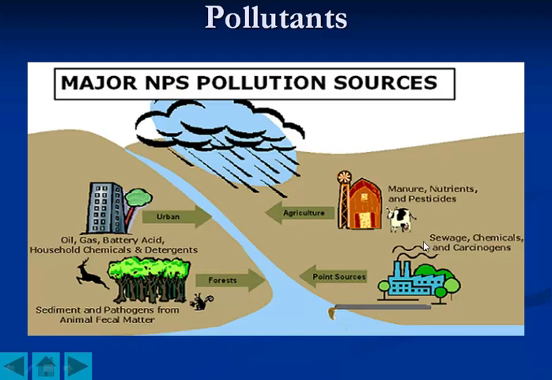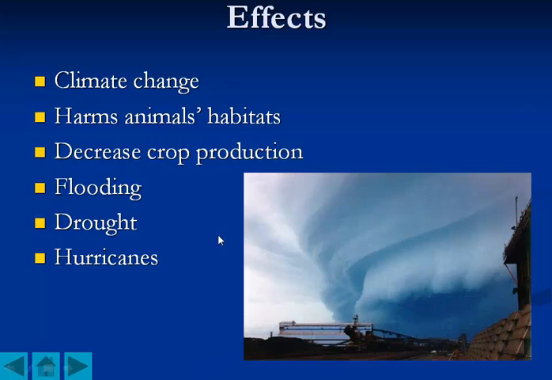Then sewage, chemicals and carcinogens are released through factories. Thereafter sediment from forests and pathogens from organic matter are released, along with oil, gas, battery acid, household chemicals and detergents, and these are the pollutants which contribute to the increased carbon dioxide here.